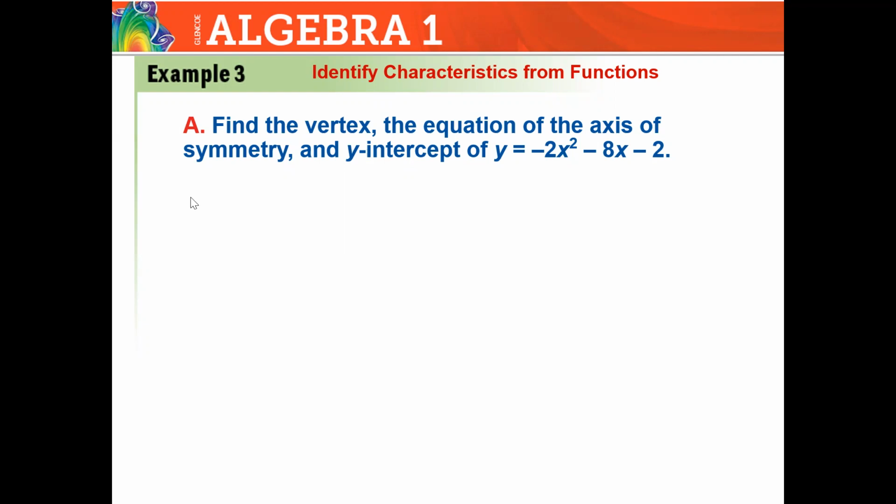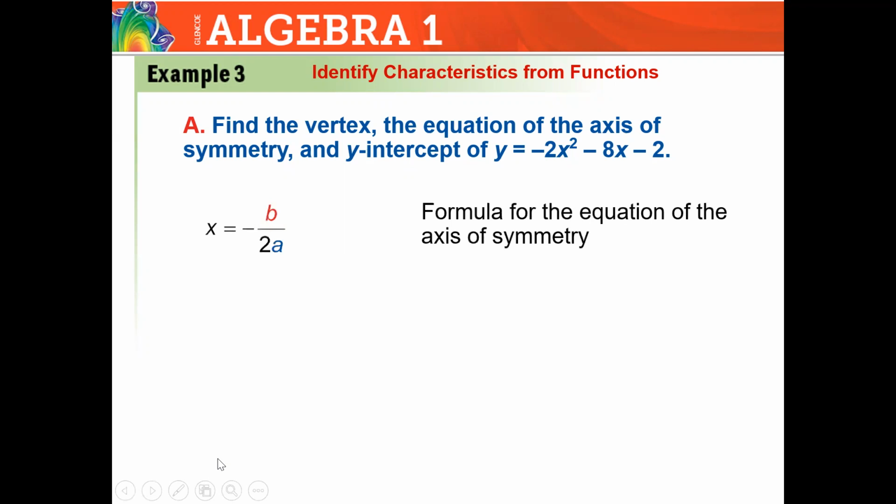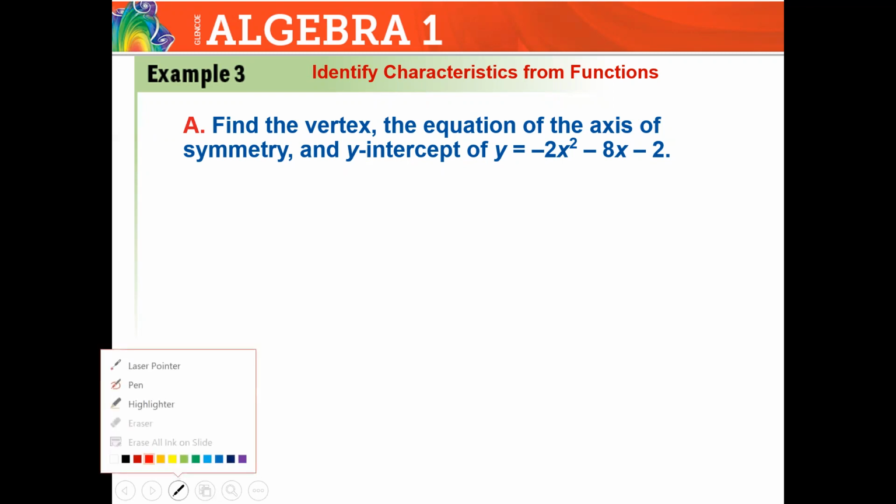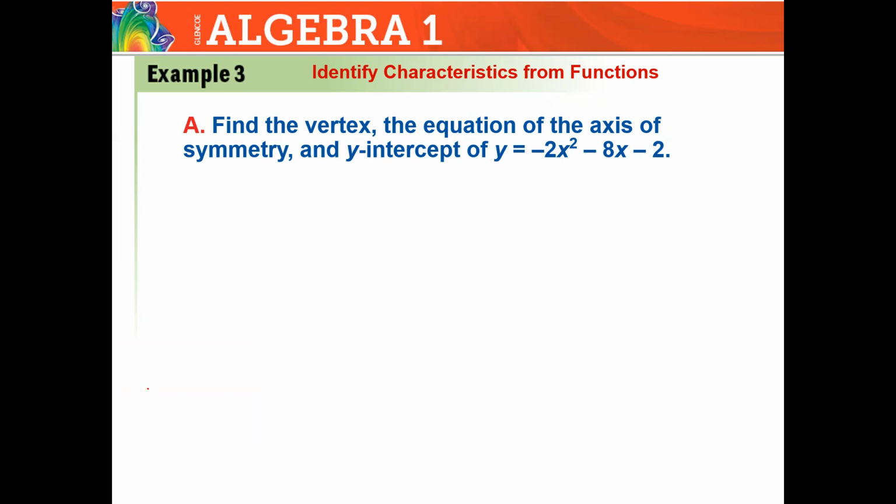We need to identify the axis of symmetry, that is number 1, and we're going to identify the vertex and the y-intercept. So again, we need to know the axis of symmetry, the vertex, and the y-intercept.